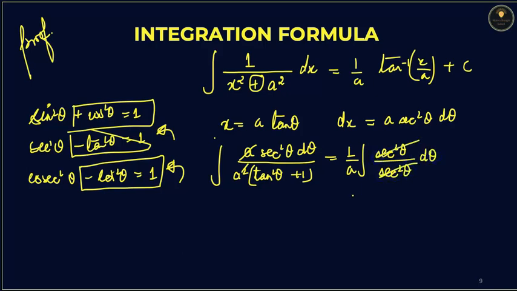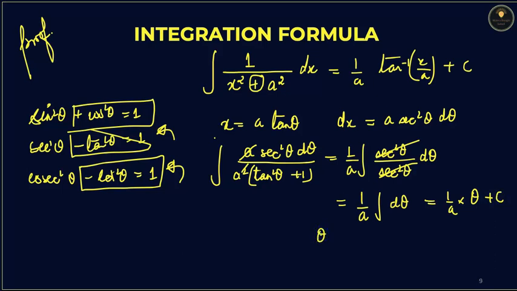Sec square theta and sec square theta will get cancelled, you will get 1 by a d theta, and then 1 by a multiplied with theta, because the integration of d theta is equal to theta only, and you will write theta by a plus c.